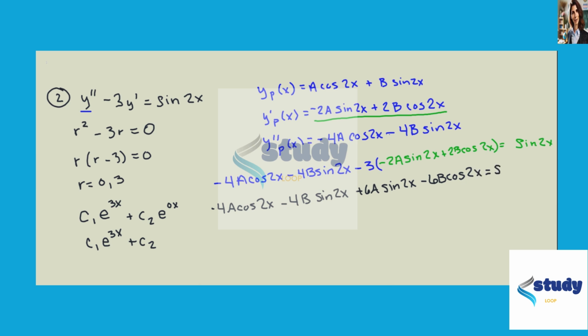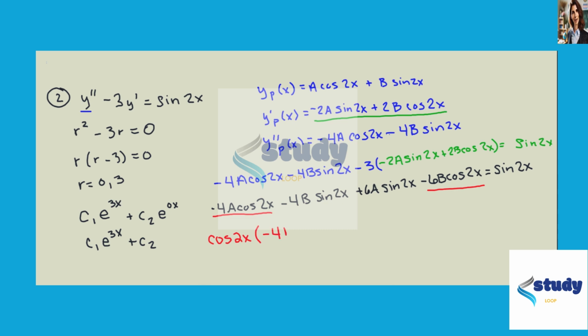Now I'm going to pull out my cosines and my sines. So my cosine 2x gives me negative 4a minus 6b.